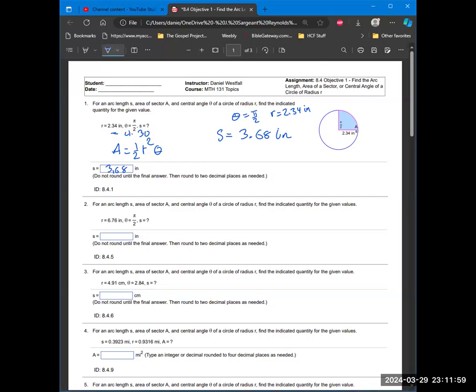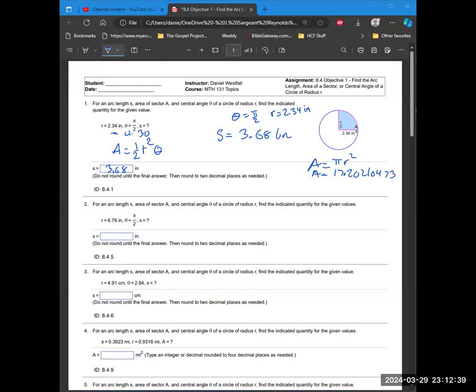So remember that the area of our complete circle is equal to pi r squared. So let's find that. Pi times r squared would give me 17.202, and we have 1/4 of the circle, so I'm going to divide that by 4.